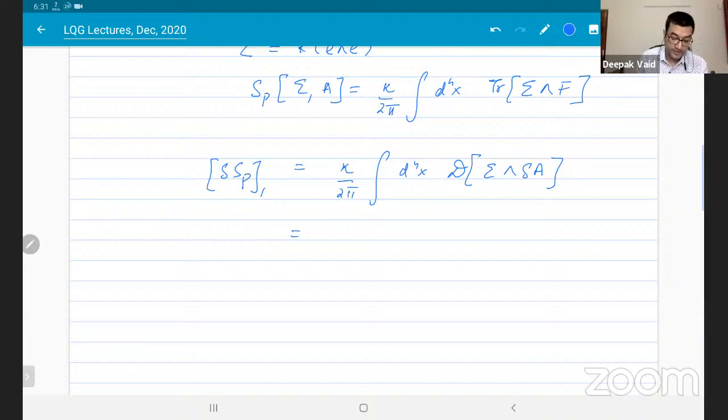This can be integrated, and if I have some manifold M, this is equal to the integral over the boundary of the manifold of sigma wedge delta A, again with the trace.